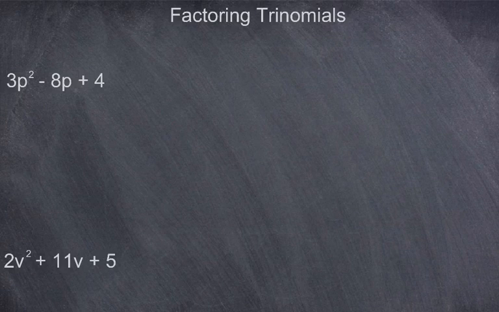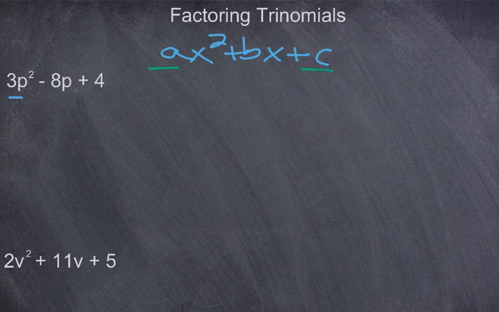So here's the method with factoring by grouping. In standard form you have ax squared plus bx plus c. You're going to take the a and the c and multiply them together. In this case you take your 3 and your 4, multiply them together, and you get 12.